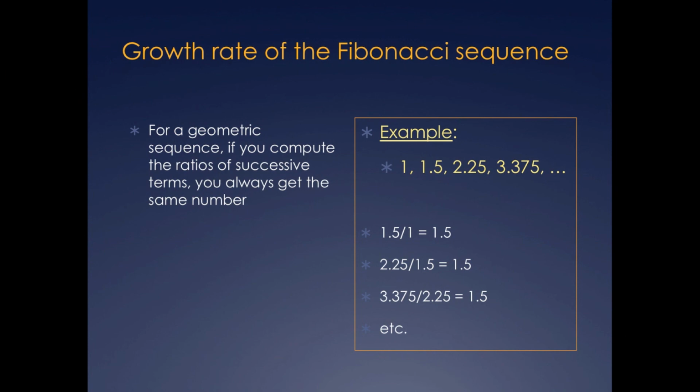So for example, if you take this sequence that begins 1, 1.5, 2.25, and so on, and calculate 1.5 divided by 1, and then 2.25 divided by 1.5, and then 3.375 divided by 2.25, you're always going to get that number r, the common ratio. And that has to happen because of the way that you made the sequence. So in a geometric sequence, the ratio of successive terms is always the same number.